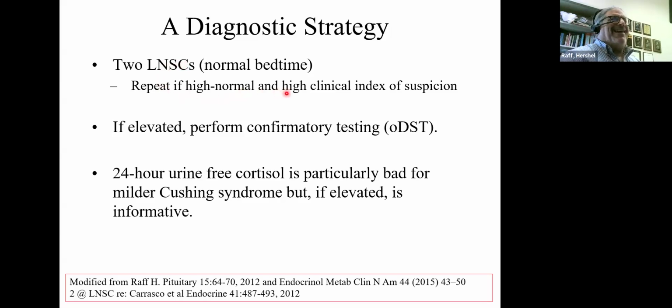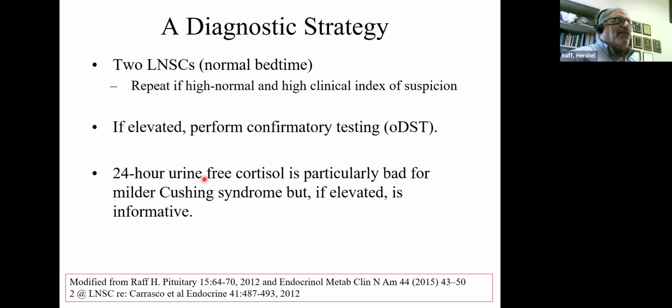Repeat it if it's a little on the high side. We've had a lot of people right on the edge of the reference range, but the doctor's pretty convinced that they have something. So do it another time or wait a couple of months. And often that false negative will become positive. And we always do a confirmatory test, and we do DST because it's the best of the others.